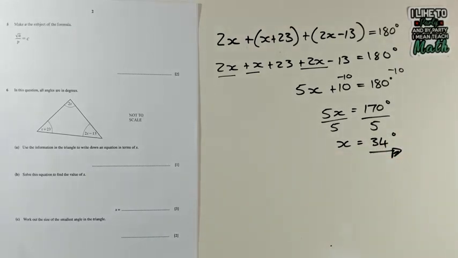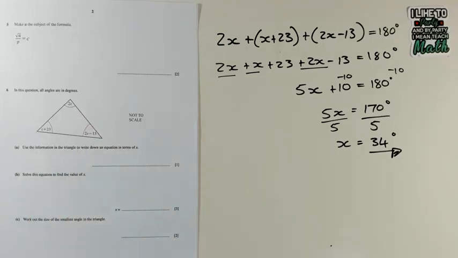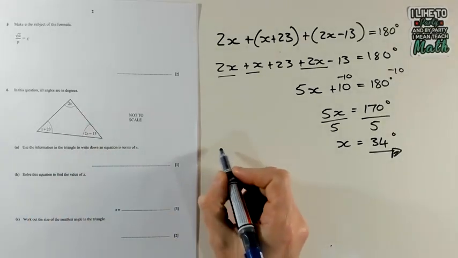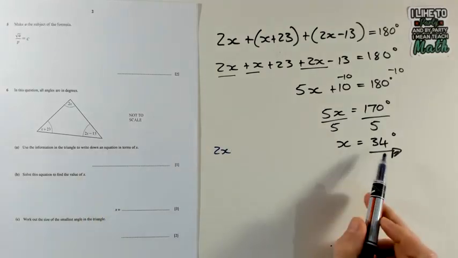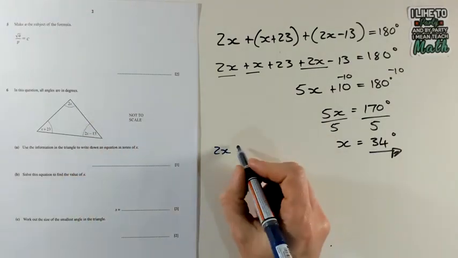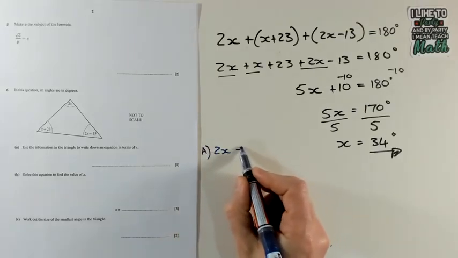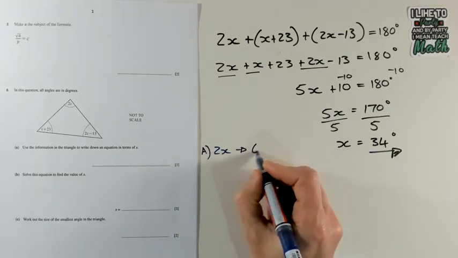So we solved x. Work out the size of the smallest angle. We have 3 angles, and now we can substitute. The long way would be doing each one. If x is 34, let's call the top angle A: 2x is 2 times 34, which is 68.